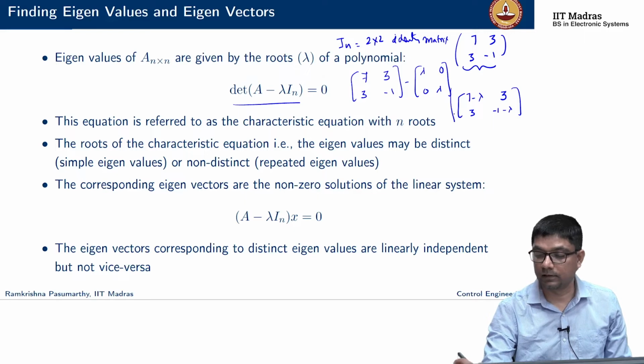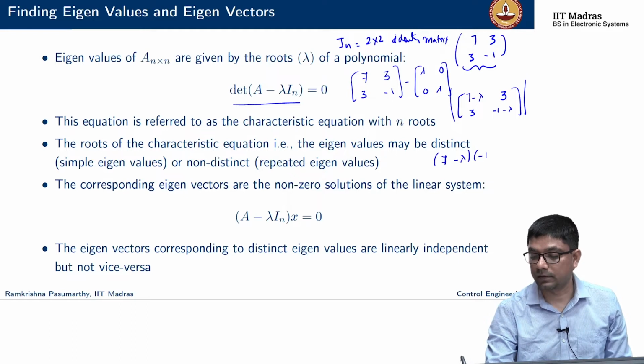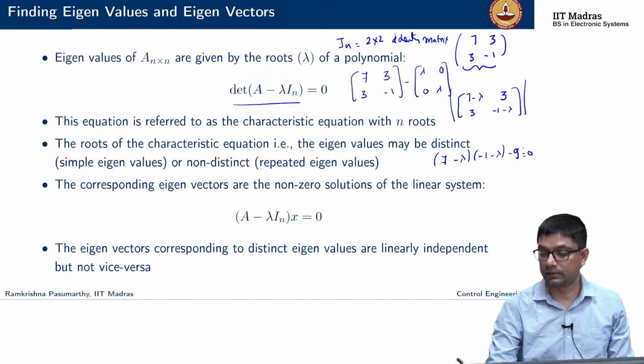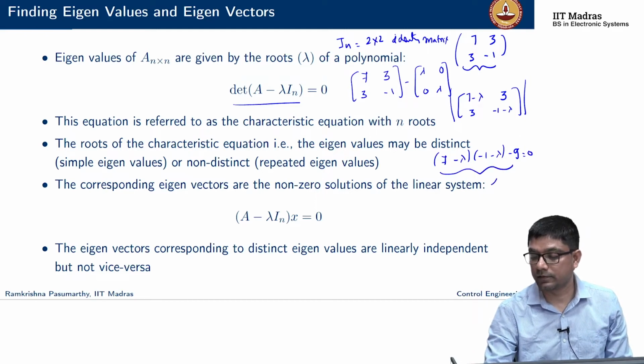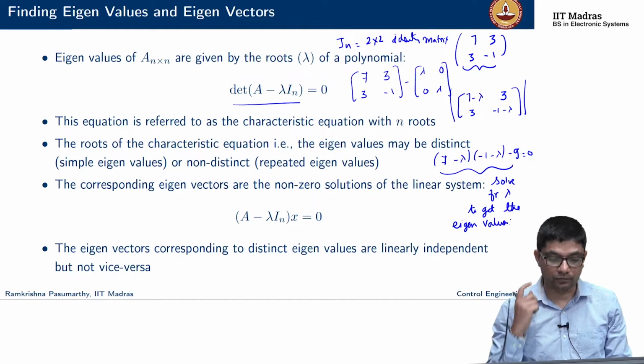If I look at the determinant of this, it is 7 minus lambda times minus 1 minus lambda, minus 9, equal to 0. So this is a quadratic equation. Solve for lambda to get the eigenvalues. Of course, I will not go into the computations of this. This is very straightforward.